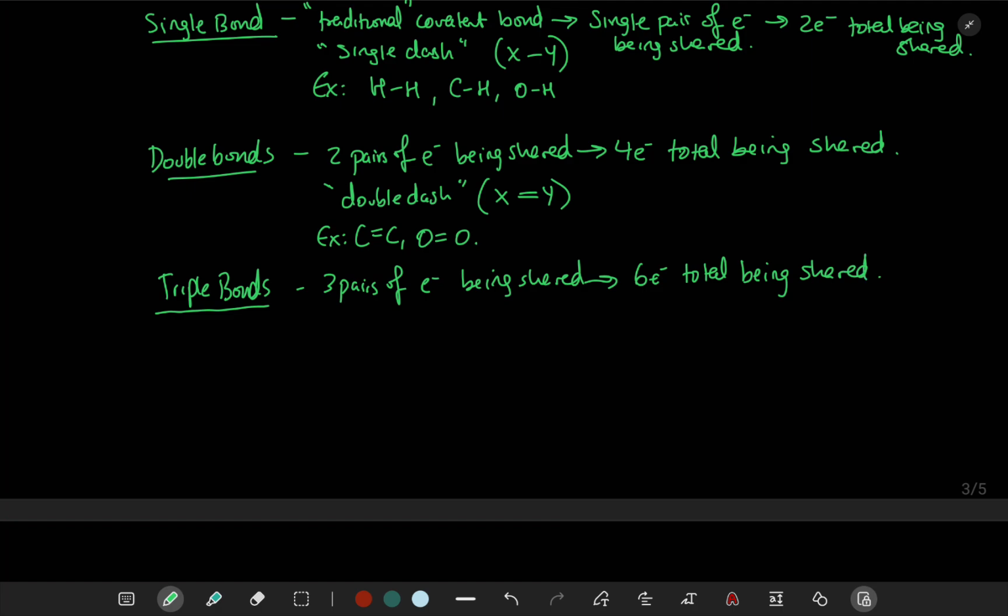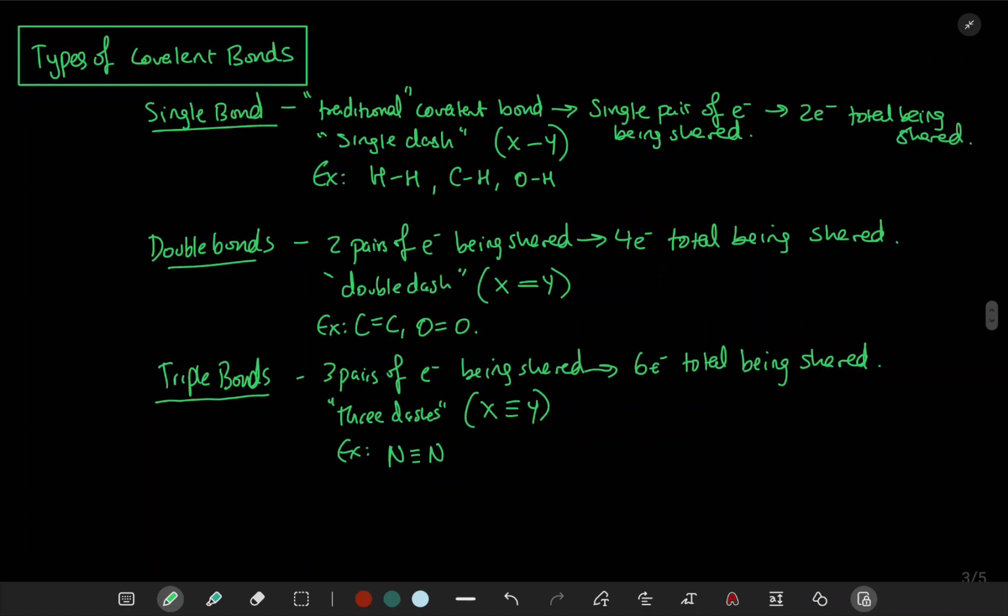And these triple bonds are denoted by a triple dash, by 3 dashes, I should say. Okay, and they're going to look like this: X triple bonded to Y. An example of that are the nitrogen triple bonds that can form, right?